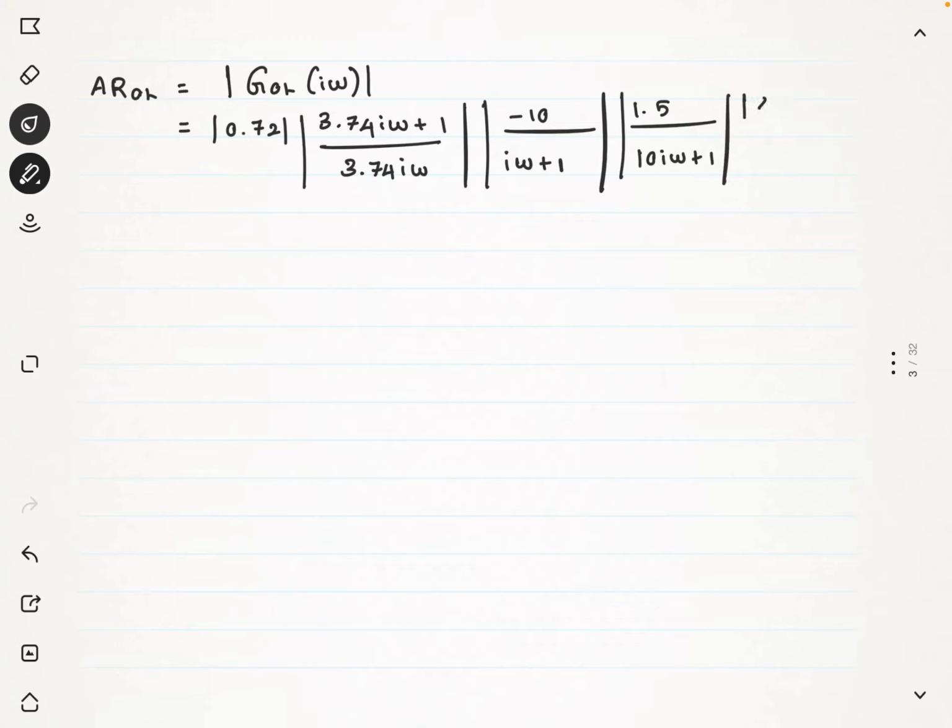Then in the numerator we had the delay term, 0.5 i omega. Okay, I missed a negative sign here, minus 0.72. So it doesn't matter because the absolute value of a real number will be the real number without the sign. We just remove the negative sign.